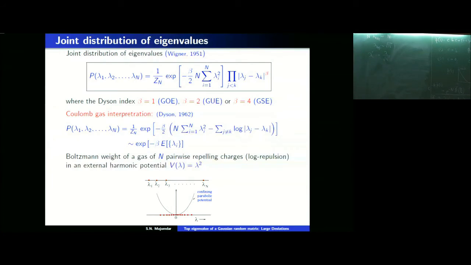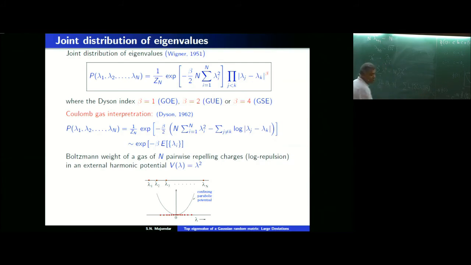Okay? So once I rescale, the potential term now just becomes lambda i prime square, sum over i. And the interaction term, which is minus log of lambda i minus lambda j, doesn't change, because it's just lambda i prime minus lambda j prime divided by square root of n.